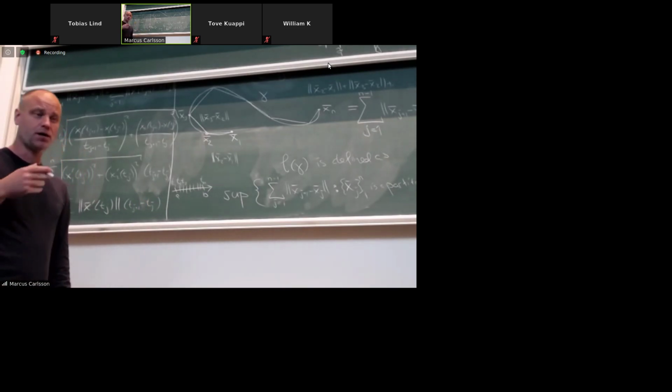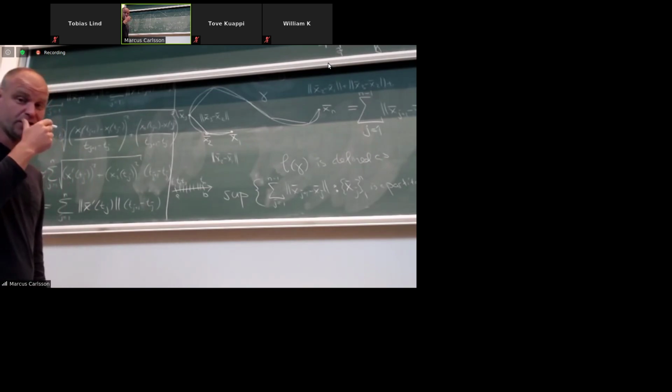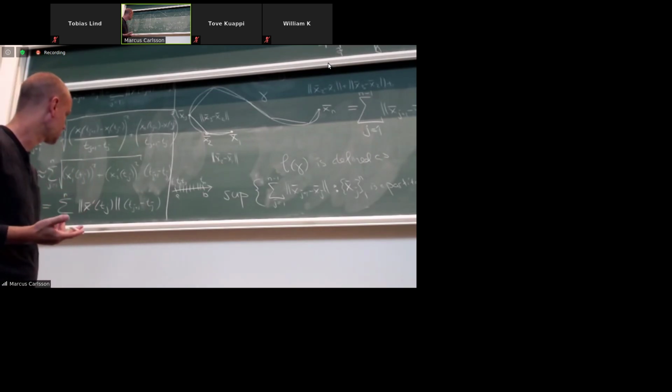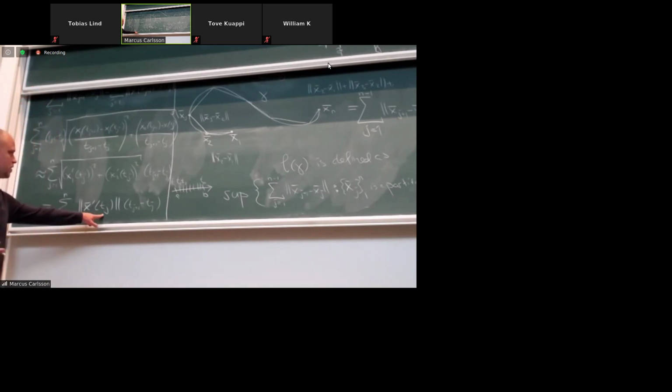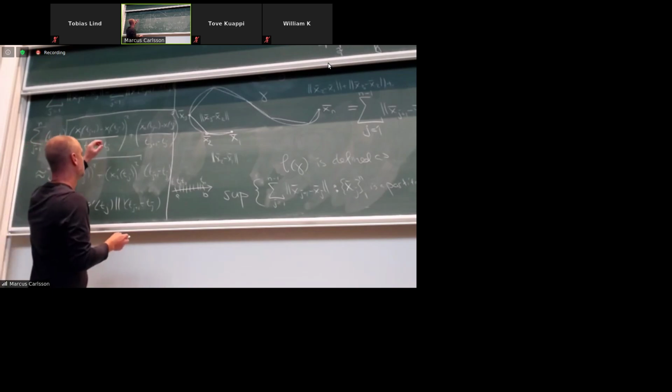And if you forgot what is a Riemann sum or a Riemann approximation of the integral, I advise you to refresh your memory, because this should look familiar to you. This is a Riemann sum for how you integrate the function x prime in norm, right? So you take values of x, now I'm out of Blackboard space.